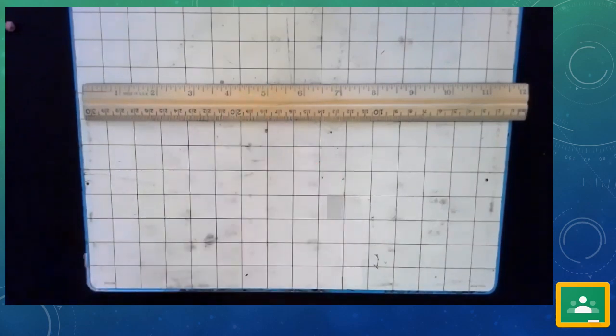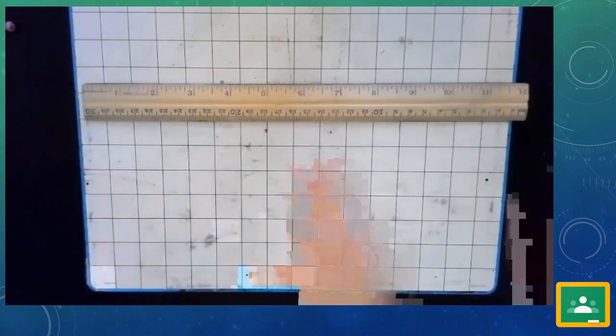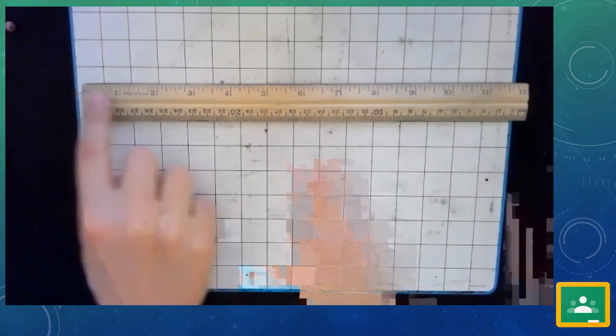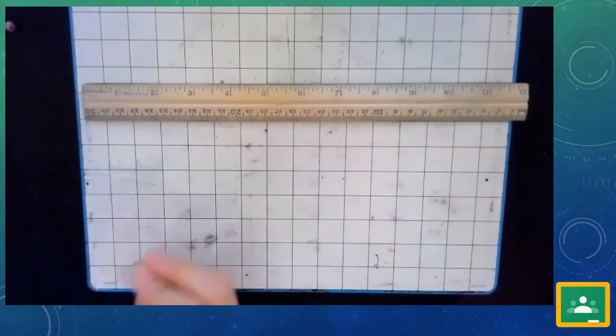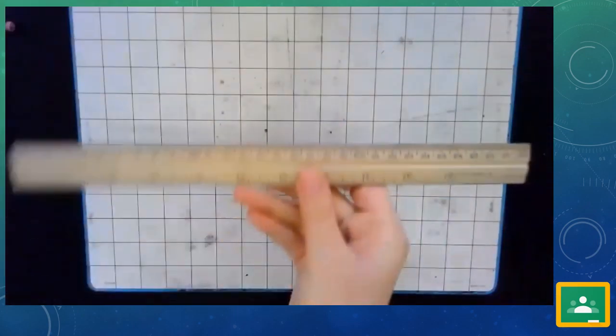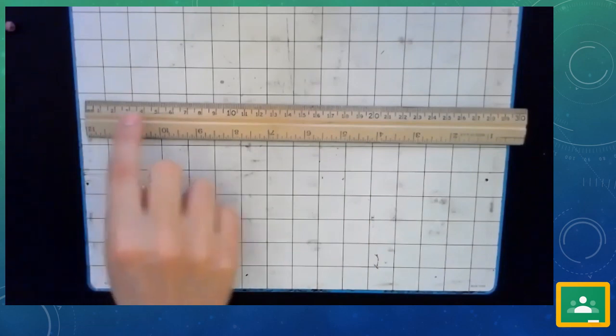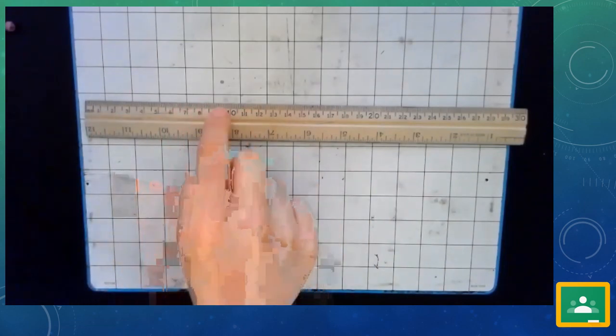So this information is going to be really important for today to notice how these measurements are consistent. When I am using inches, it's the same space over and over again. If I'm measuring with centimeters, it's the same amount of space over and over again for centimeters. But centimeters and inches are not equal, and I'm going to prove that today.